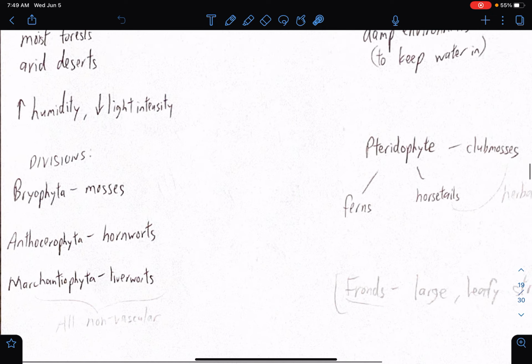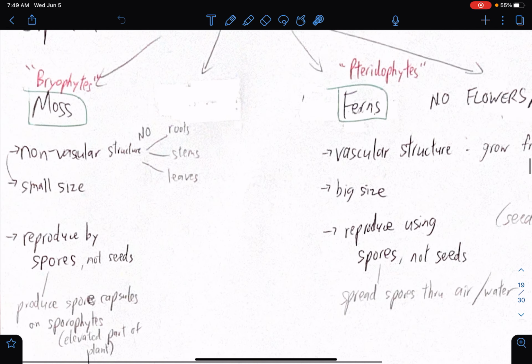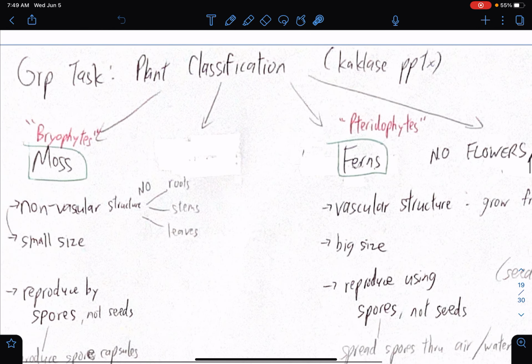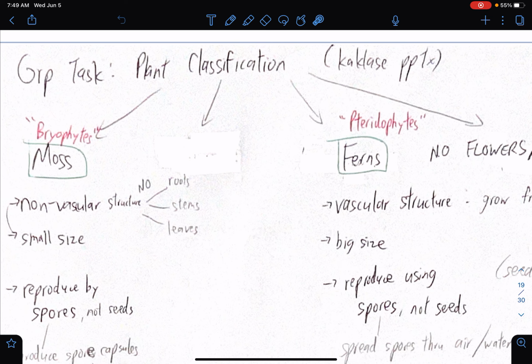And yes, one thing about non-vascular plants is that instead of having a phloem-xylem system for the transport of water, respiration, all that stuff, they're able to do a process called diffusion.